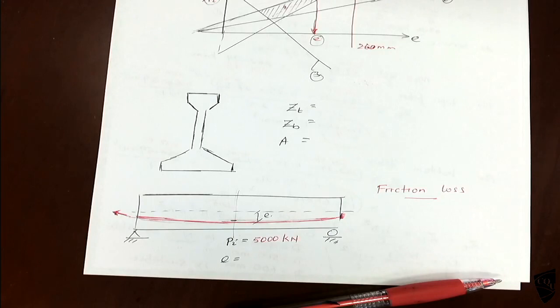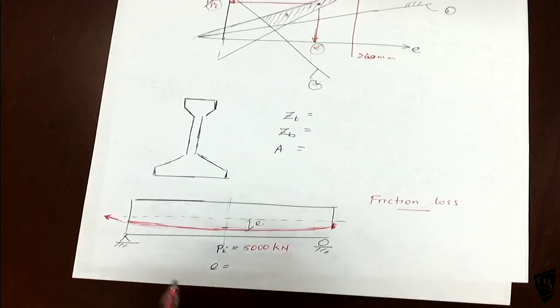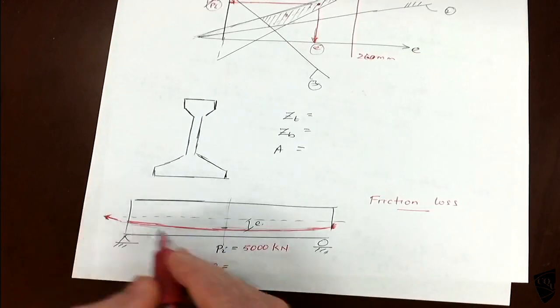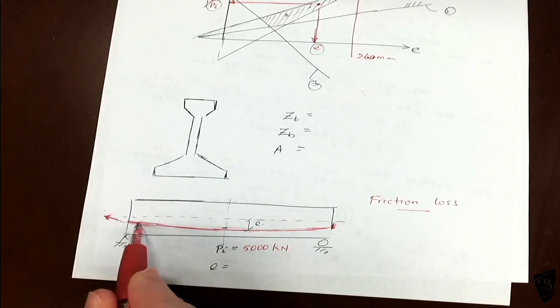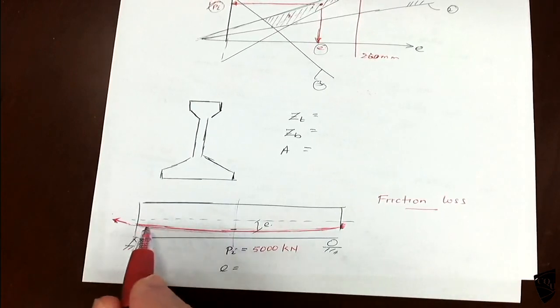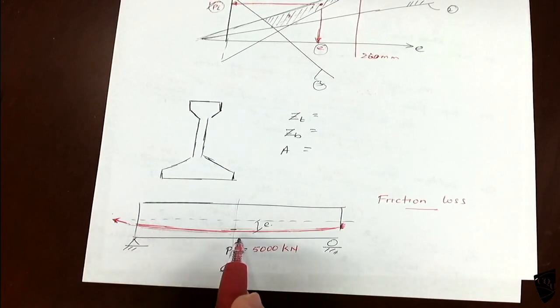Understand? So if you apply something here, that will reduce over the length because there will be a friction loss.